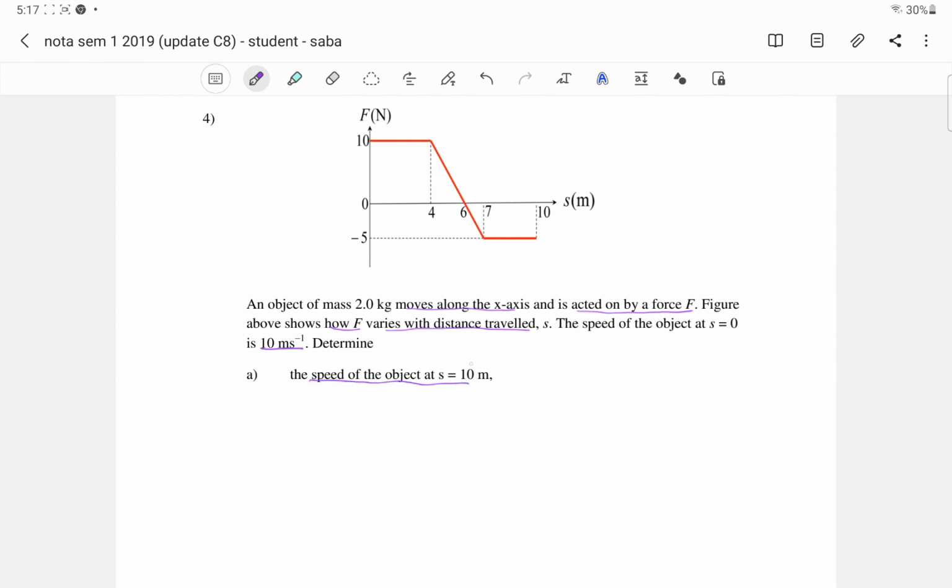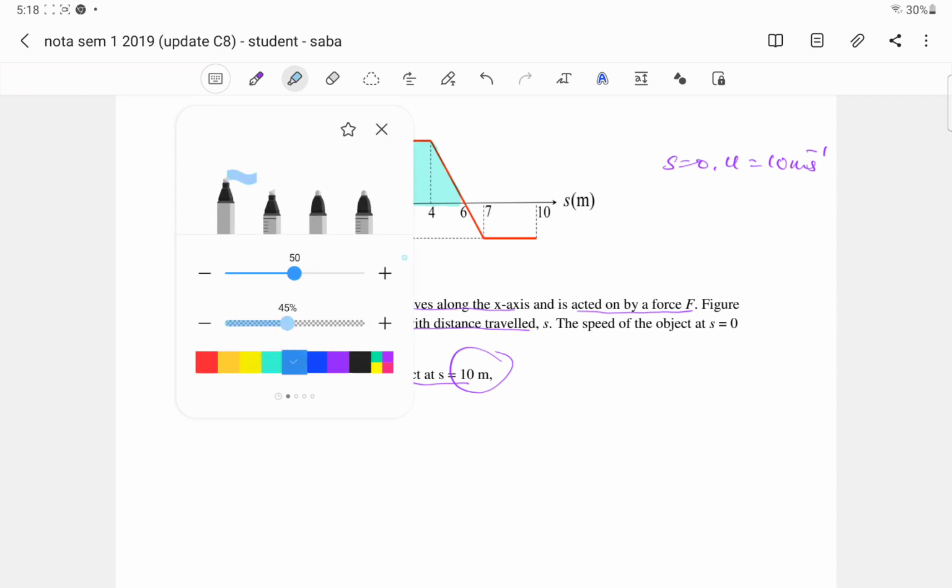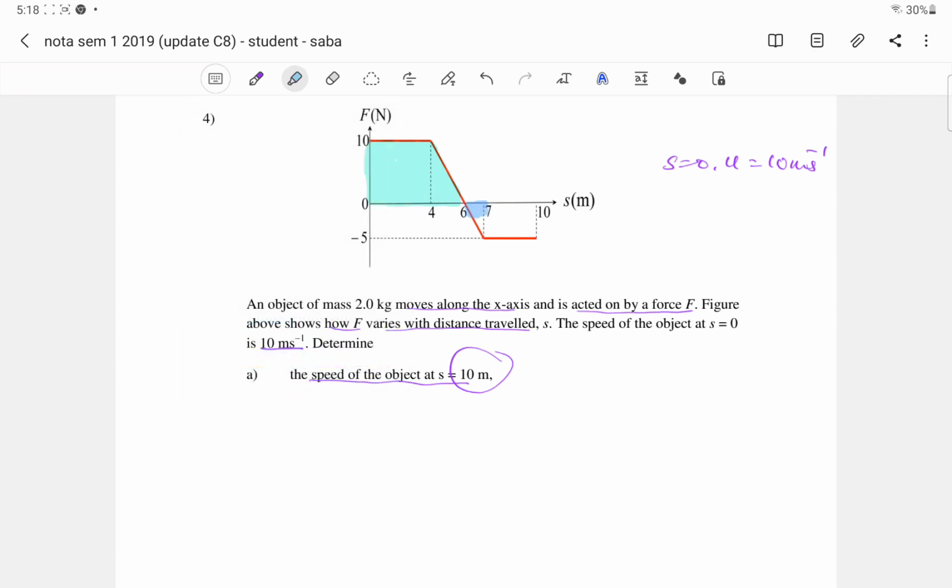Determine the speed of the object at 10 meters. Okay, ingat when s is 0, u is 10 meter per second. So here you have to find the area on the graph. So kita cari dulu area on the graph, part pertama dengan part yang kedua, part 1 and part 2.